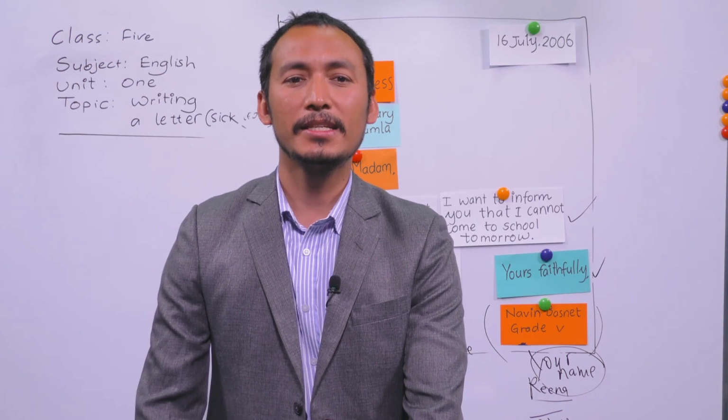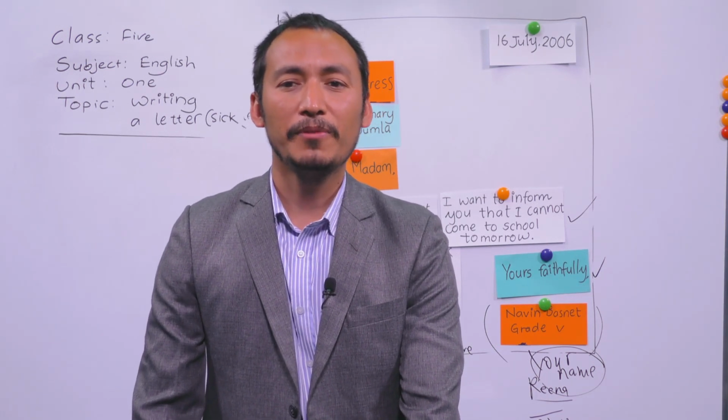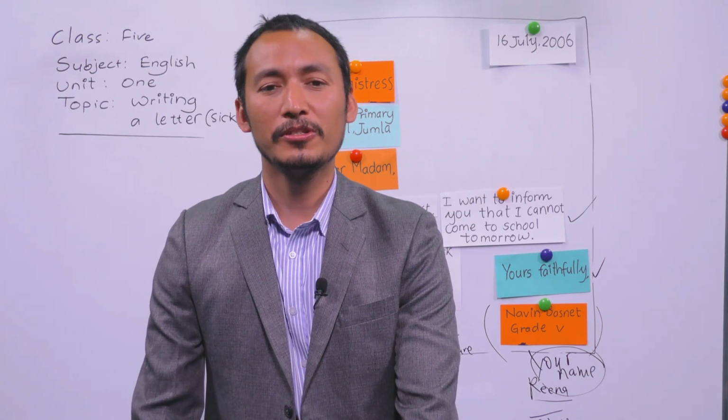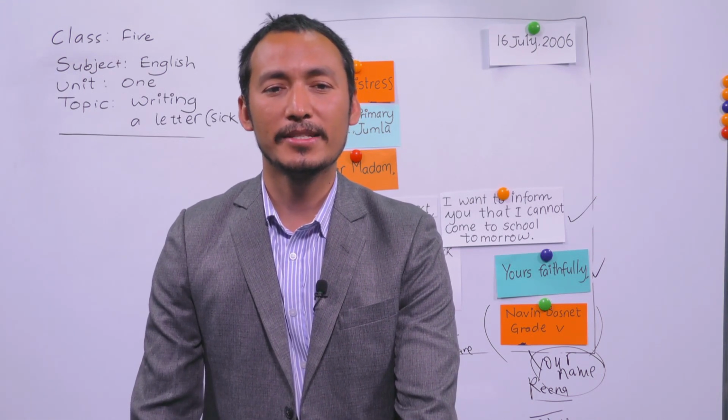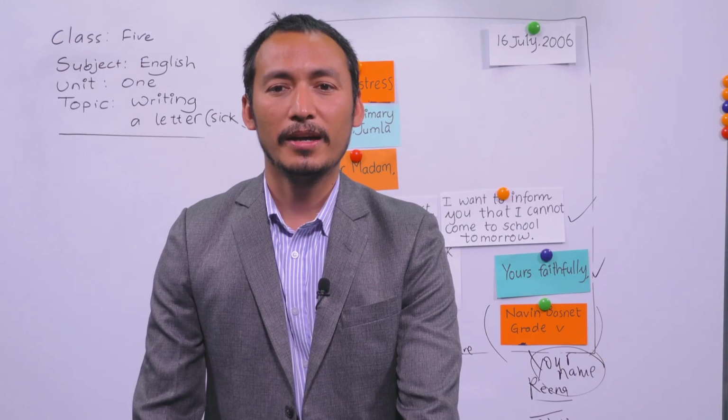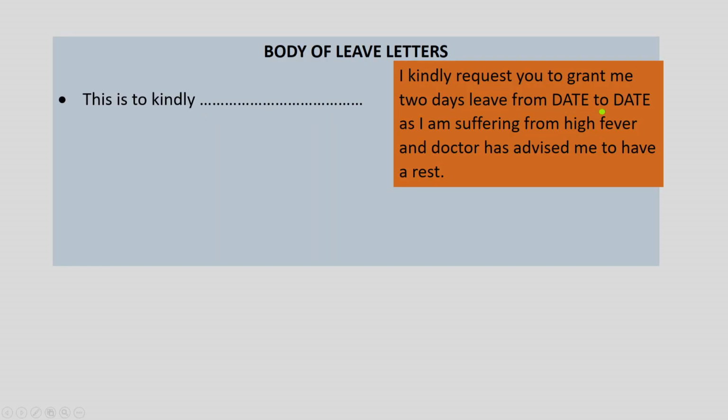You can say, this is to kindly inform you that I am unable to come to school. You can start like this. And I request you to grant me 2 days leave from this date to that date, as I am suffering from high fever and the doctor has advised me to have a rest. You can join with this reason.